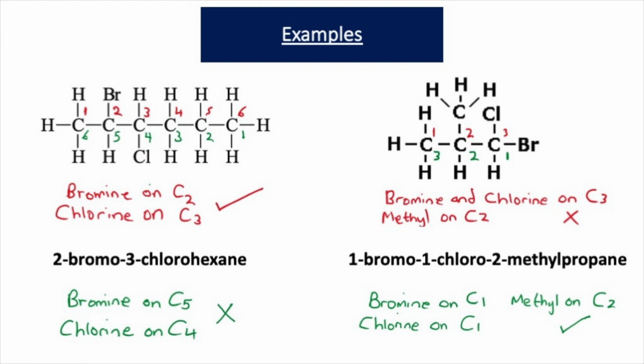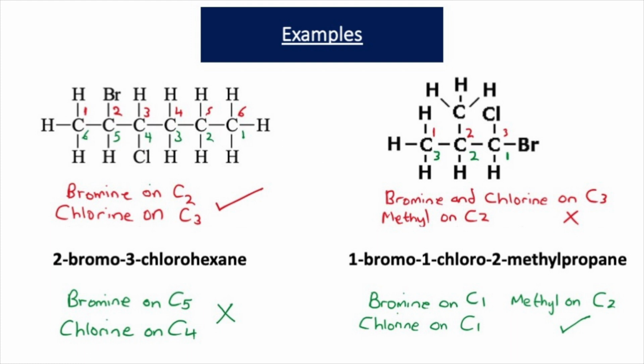Now, if I number the carbons left to right, as I've done in red here, the bromine and the chlorine are on carbons 2 and 3. Now, if I number them right to left, as I've done in green here, the bromine and the chlorine are now on carbons 4 and 5.